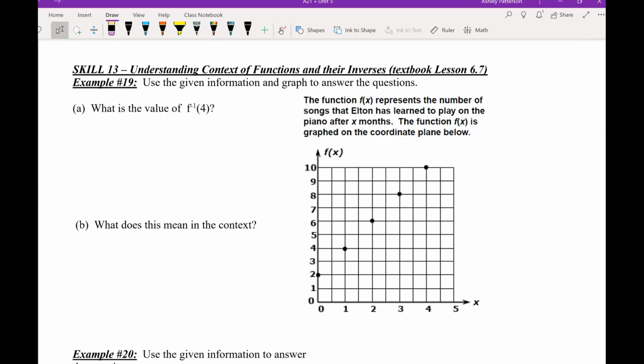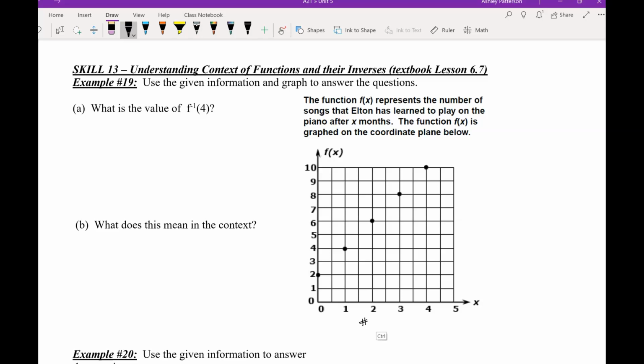We need to be able to apply the concept of inverses to real life situations. It's all about input, output, action, reaction, and then reversing. So if we look at example 19, we're given this graph. The function f of x represents the number of songs that Elton has learned to play on the piano after x months.